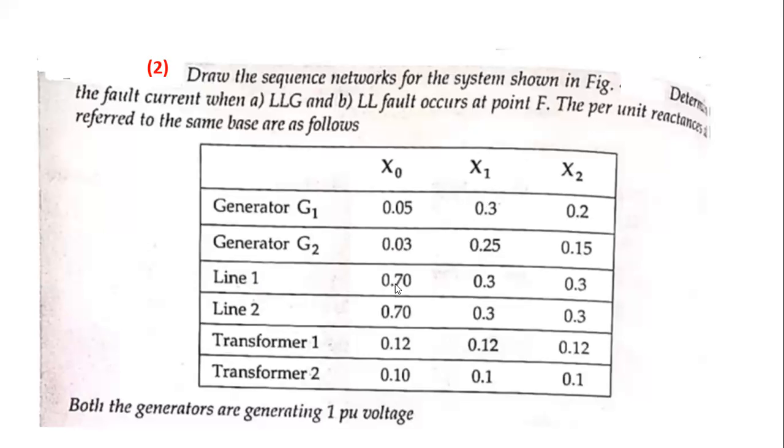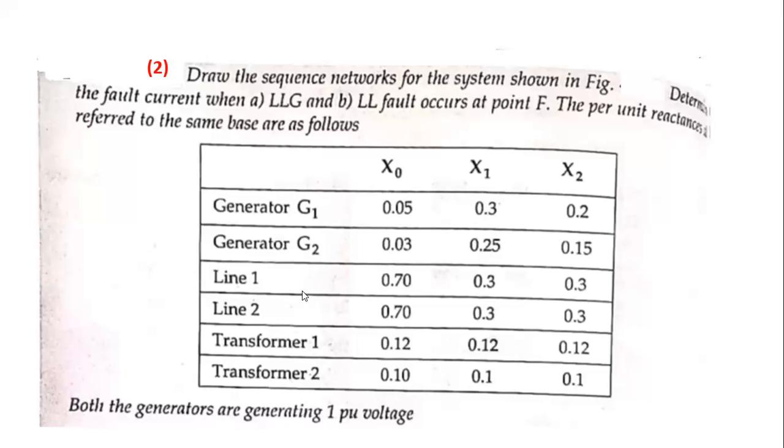Similarly, line 1 has 0.7, 0.3, 0.3 and line 2 is also 0.7, 0.3, 0.3. For transformer 1, zero sequence reactance is 0.12, positive sequence 0.12 and negative sequence 0.12. Transformer 2 has zero sequence reactance 0.10, positive sequence reactance 0.1 and negative sequence reactance 0.1.